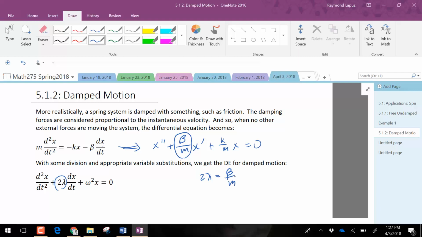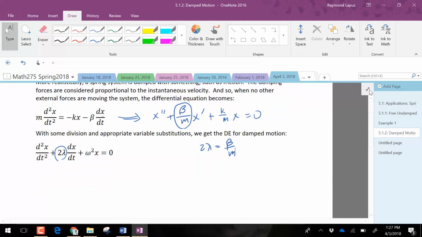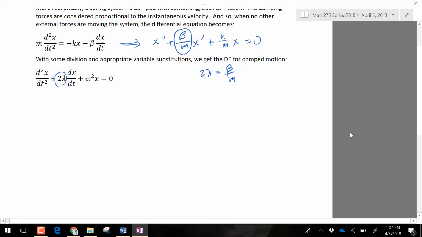If you do the quadratic formula on the resulting auxiliary equation, what is it? r squared plus 2 lambda r plus omega squared is equal to 0.